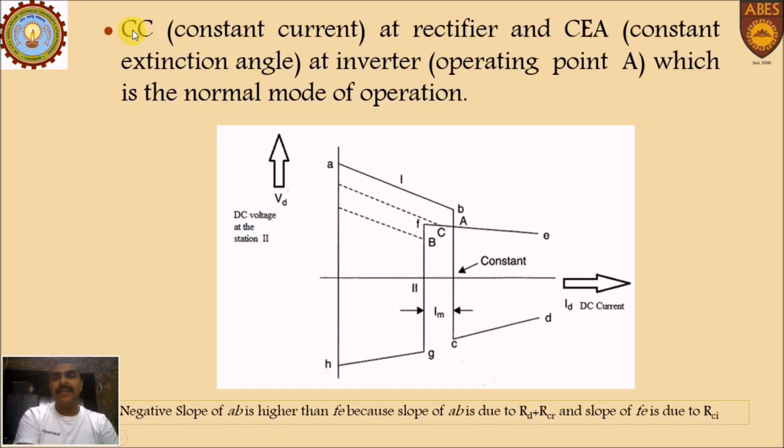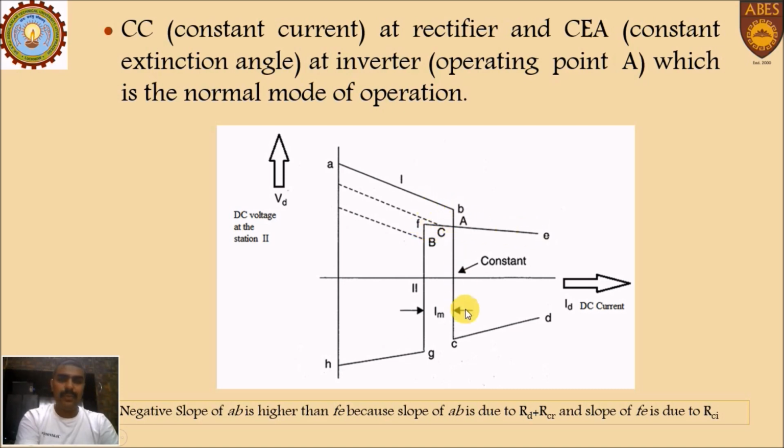Now, as I have mentioned, there may be three modes. One is the constant current mode. In this, the constant current is at the rectifier end and constant extinction angle at the inverter end. So in this case, constant current mode means this line BC, at converter station 1 or rectifier end, and constant extinction angle at the inverter end means station 2.